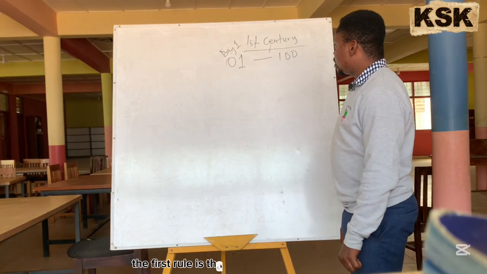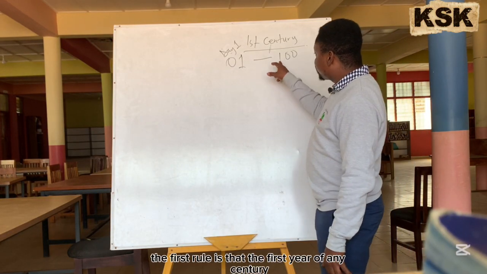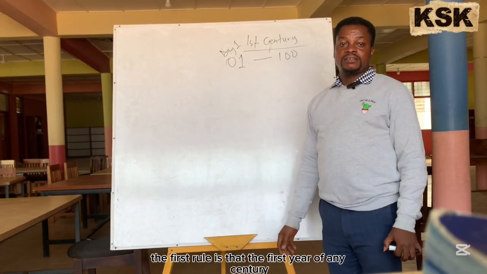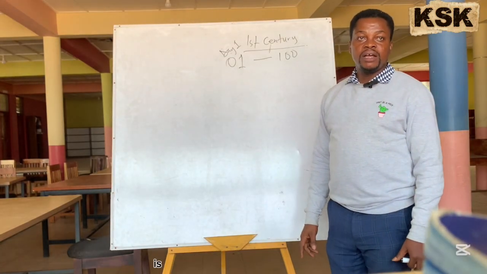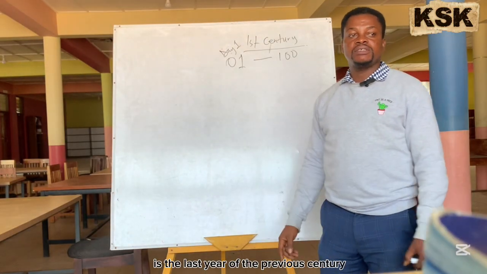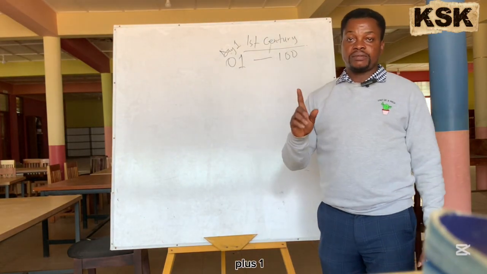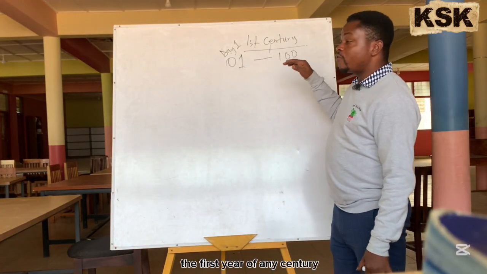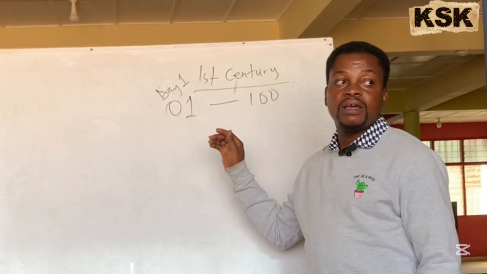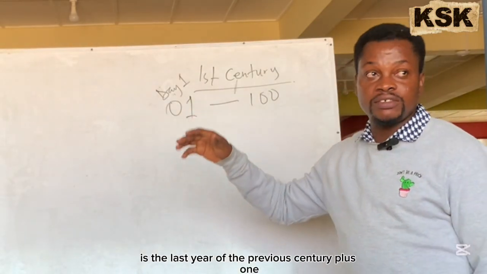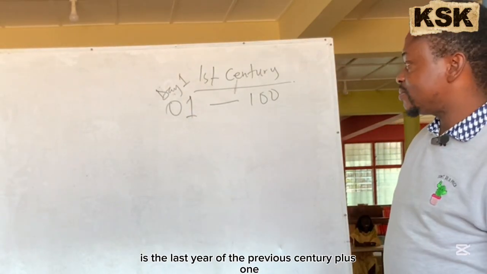The first rule is that the first year of any century is the last year of the previous century plus 1.